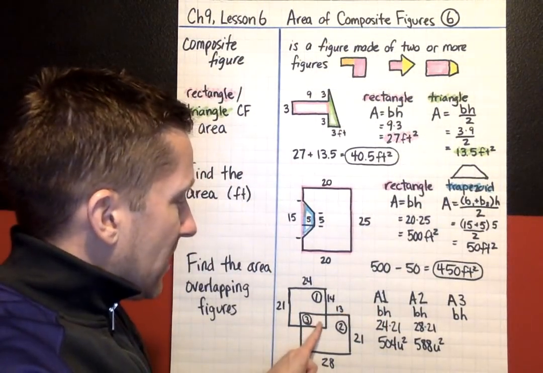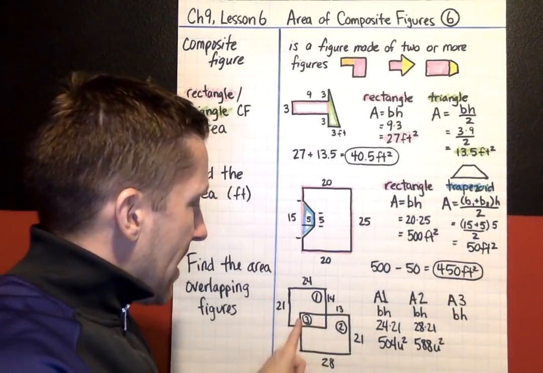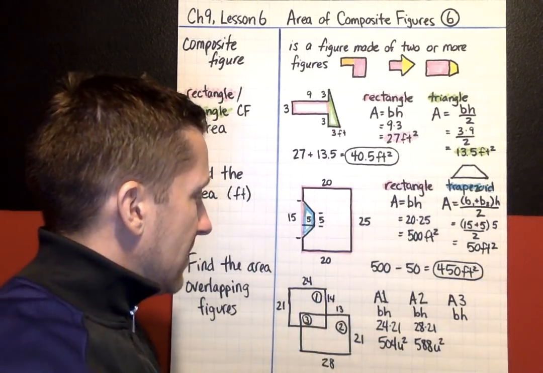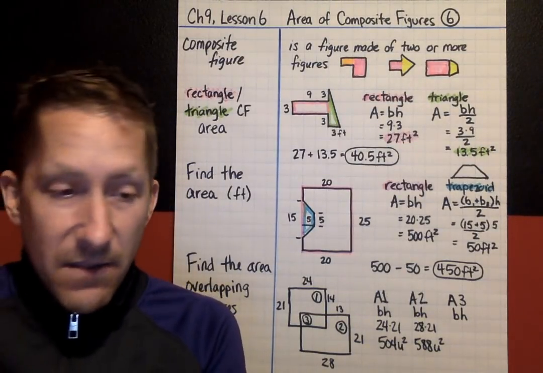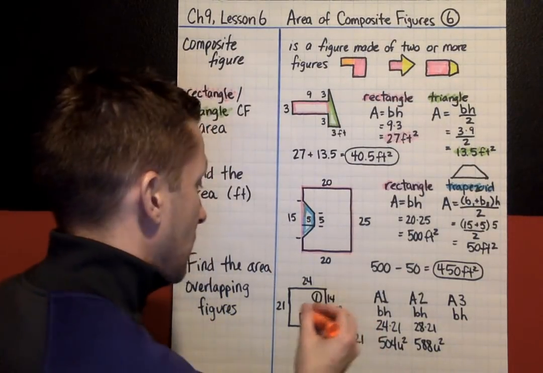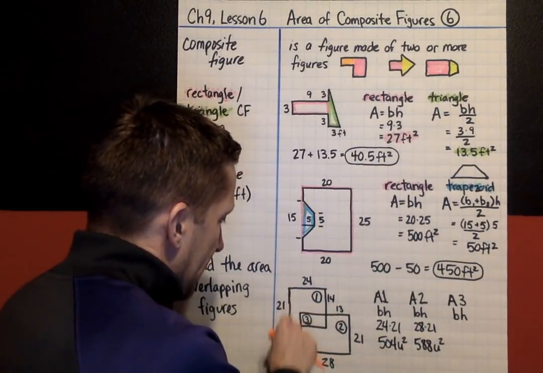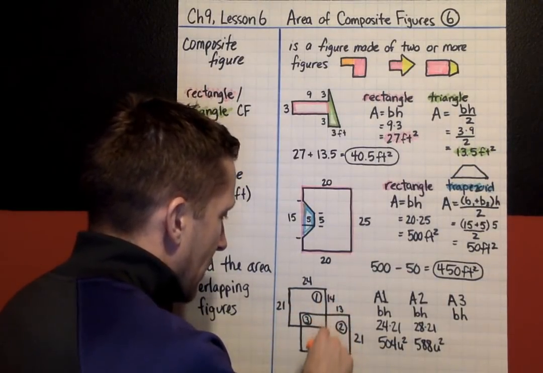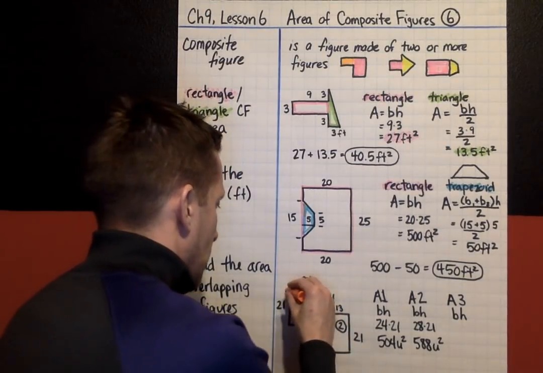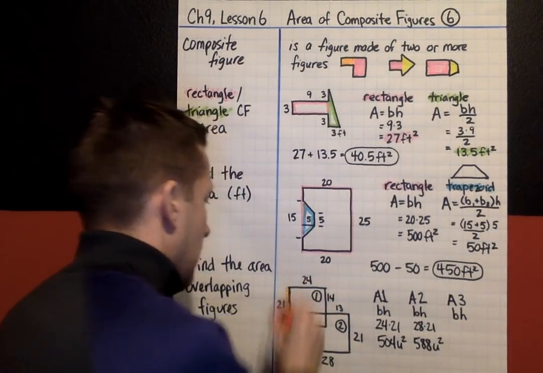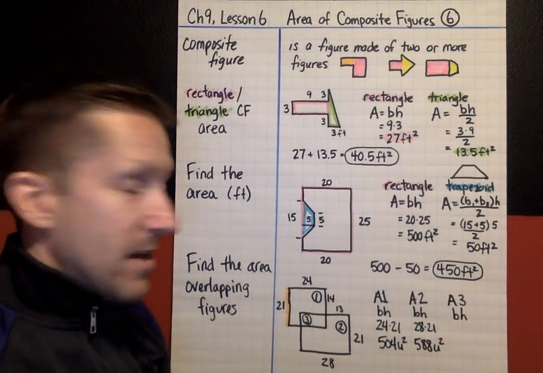So now we got to look at rectangle 3. How do we find the area of this? And this can be tricky. I'm going to get my highlighter out and just show you. Using this number and this number, we can figure out this side of rectangle 3. So when I highlight this, you can see that that's a 21.